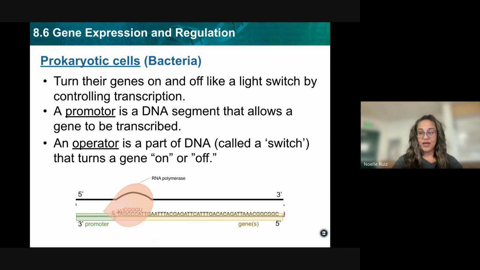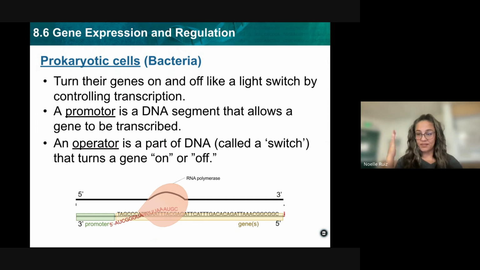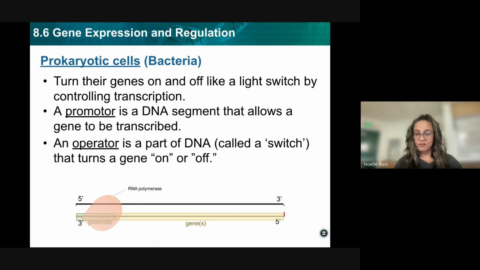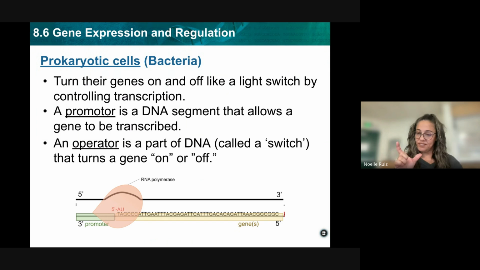And transcription will happen just like we learned until they hit a codon that says stop, literally a stop codon. Until termination happens. So out of those 3 billion base pairs, only a piece of that DNA is being transcribed, not all of them.